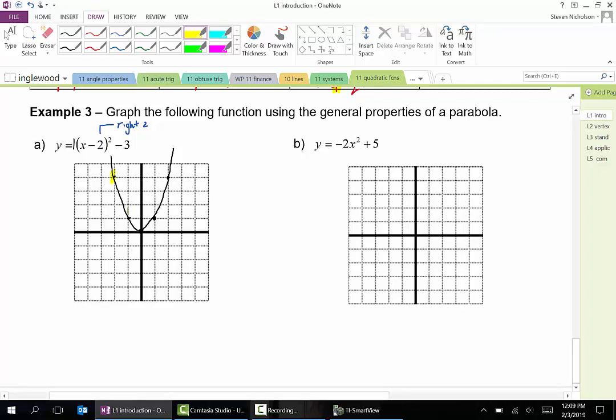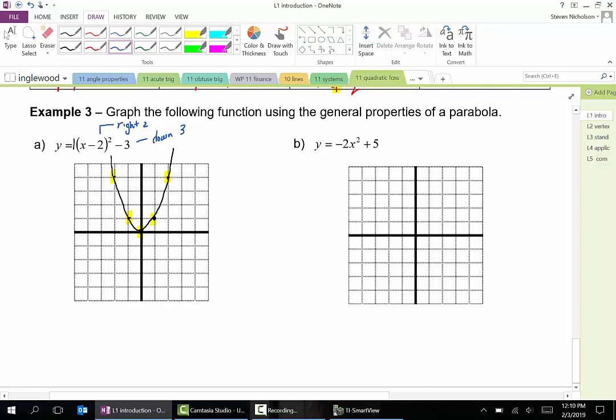Right now, I know 4 points from my basic parabola, and that's what we can use to graph this without using our calculator. And what the number after the x squared stuff does is it moves it up or down. Given that it's a -3, it's going to move down 3.